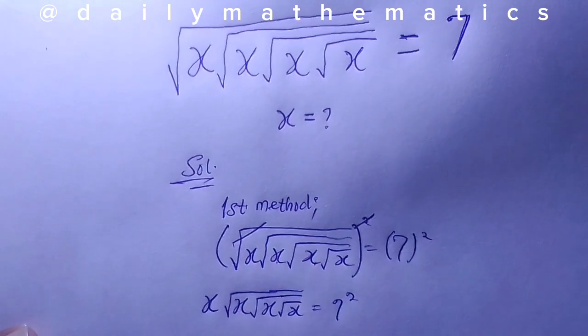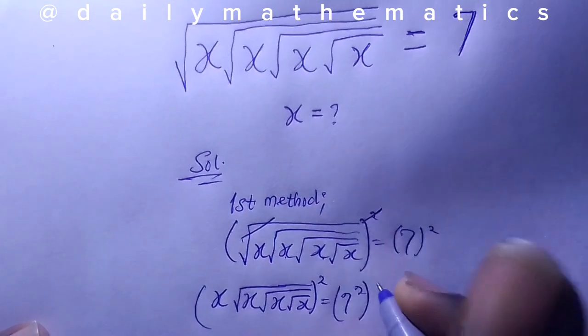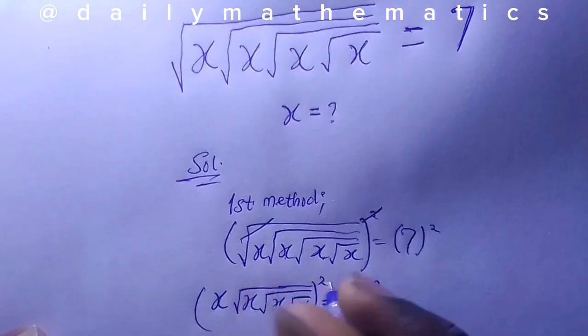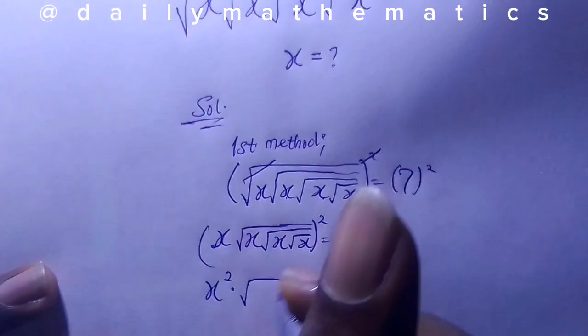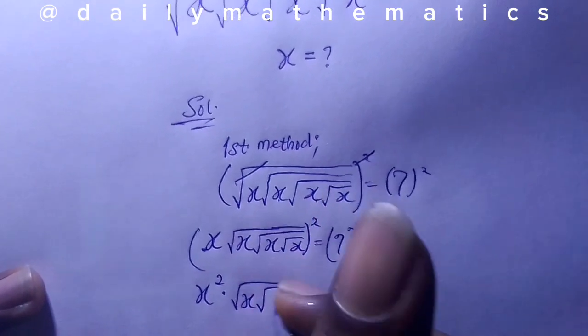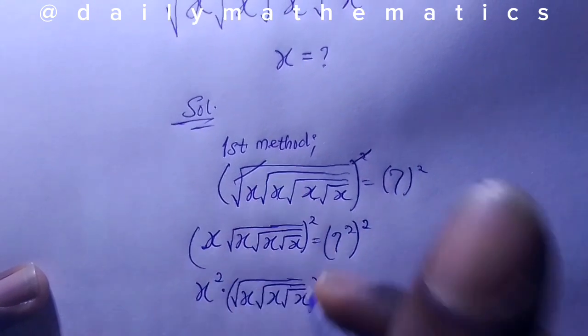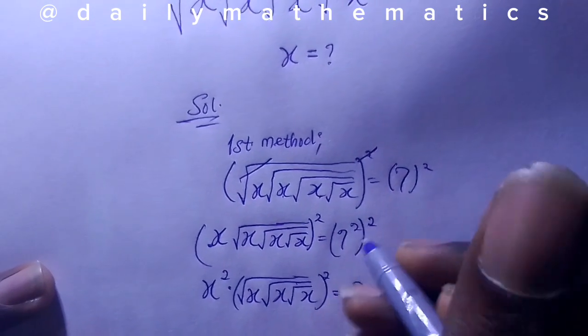The next thing is to continue squaring both sides. So from here, what we have is x squared times root x root x root x squared equals 7 to the power of 2 squared.